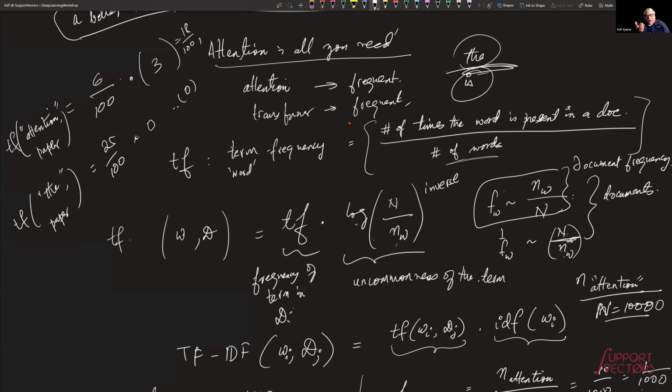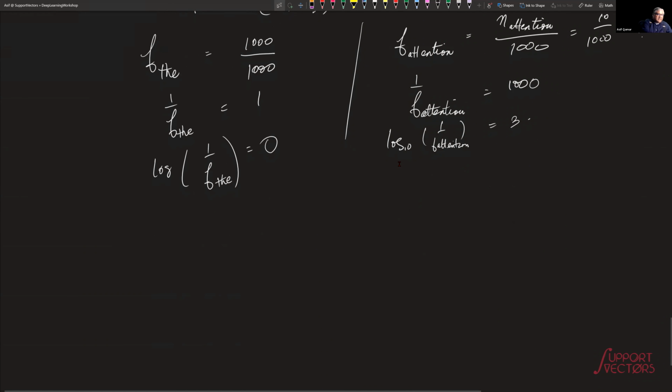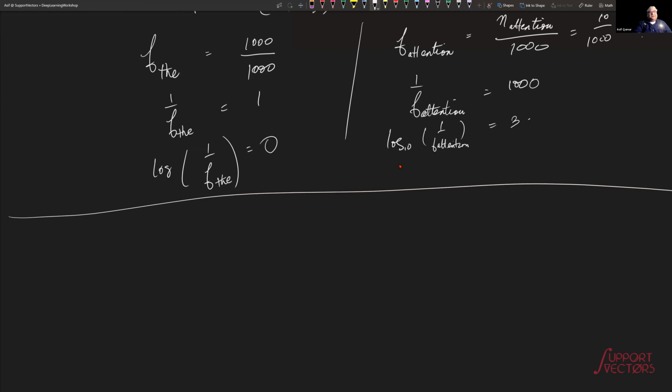It gives you the statistical importance of the word in the document, and thus the concept of TF-IDF. Remember, I explained TF-IDF to you in the past, and I used a slightly different argument. Today I'm using a different argument. The reason I use a different argument each time, hopefully, is that the idea gets consolidated in our mind.